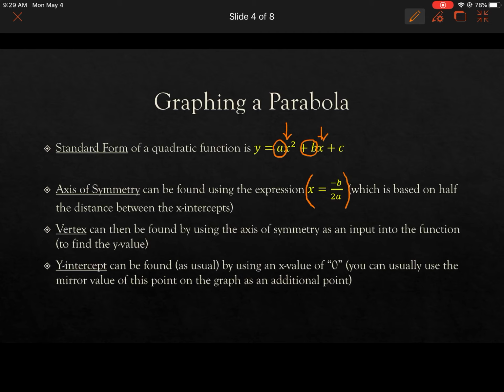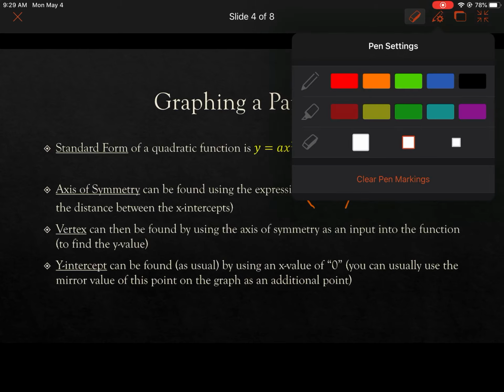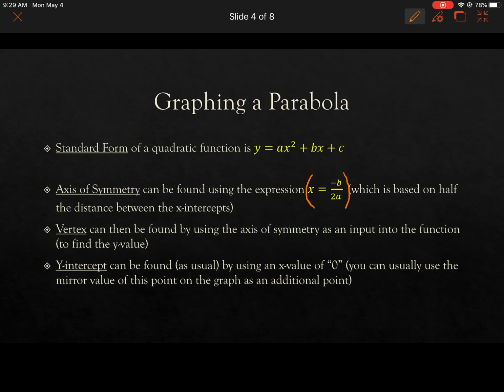We can also find, let me erase some of these stray marks here, we can also find the y-intercept pretty easily. And if you remember anything from x and y-intercepts, hopefully this got ingrained in your brain, all of our y-intercepts have an x value of 0, right?